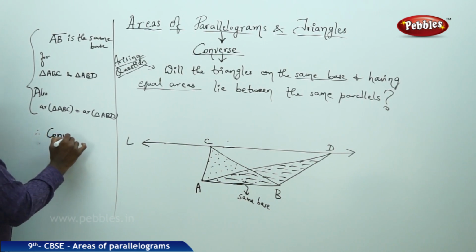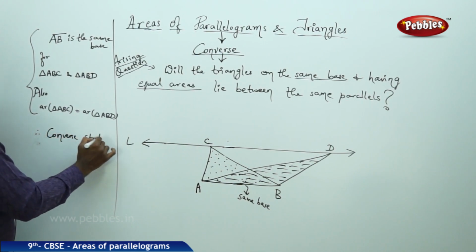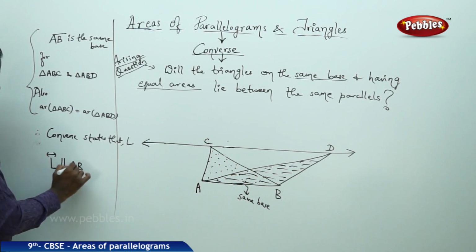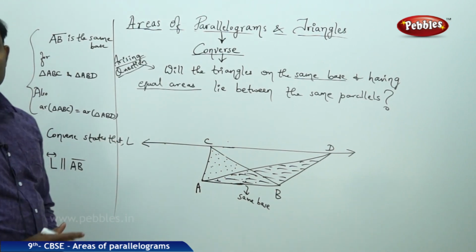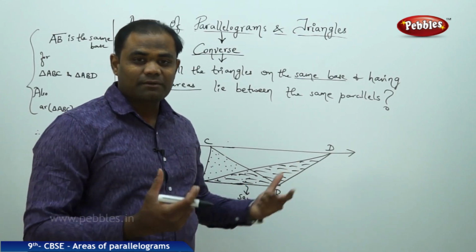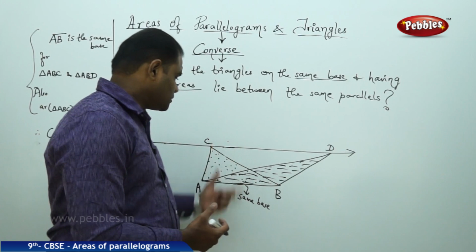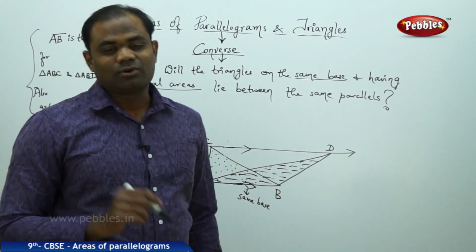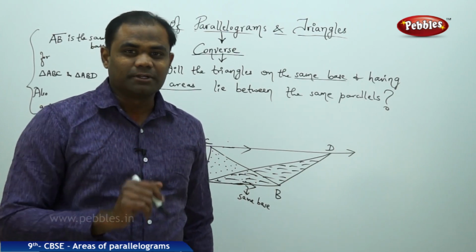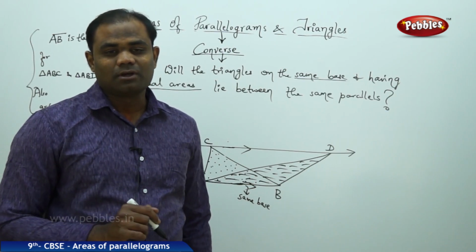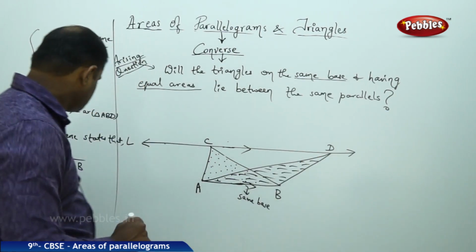Therefore, the converse states that L must be parallel to AB. So if the two triangles are on the same base and have equal area, they must lie between two parallel lines, is what the converse says. So the converse of the same base theorem is true. Converse holds for the same base theorem.